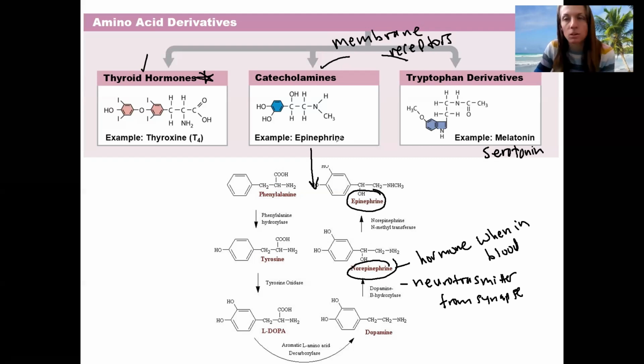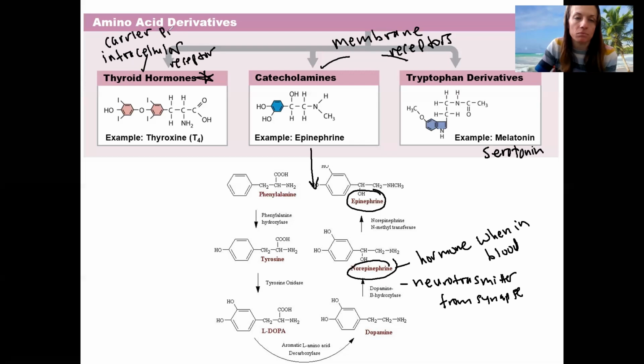Remember those? Those were G protein coupled receptors. Thyroid hormones are going to be carried into the cell to bind to intracellular receptors. And that's because they have a carrier protein that helps them in. So they're actually going to alter gene expression as well. That'll be important for thyroid function.